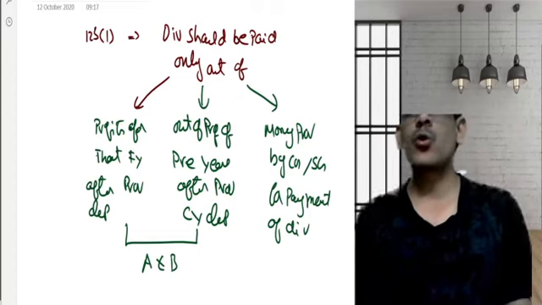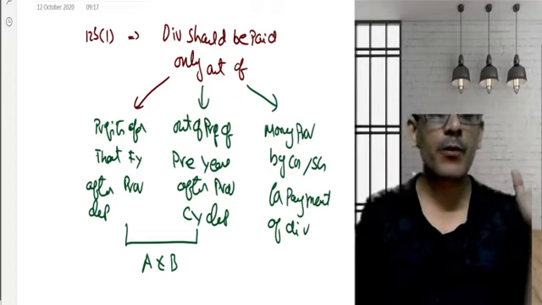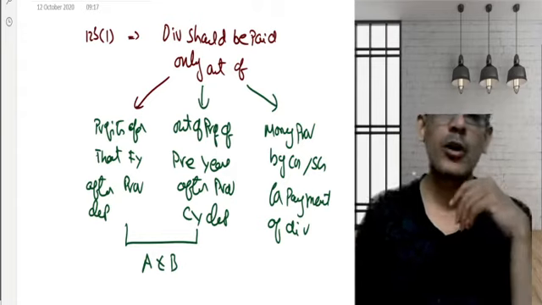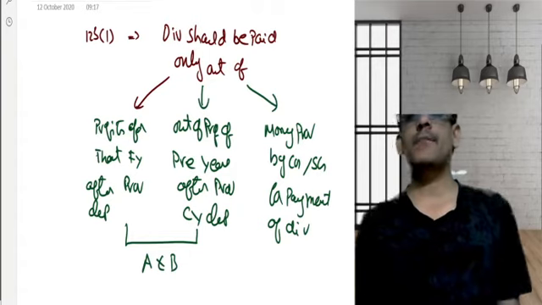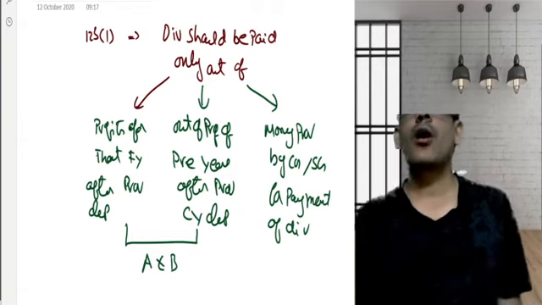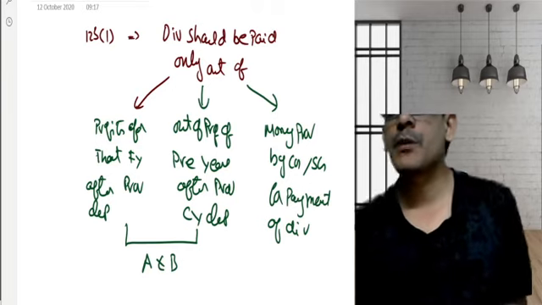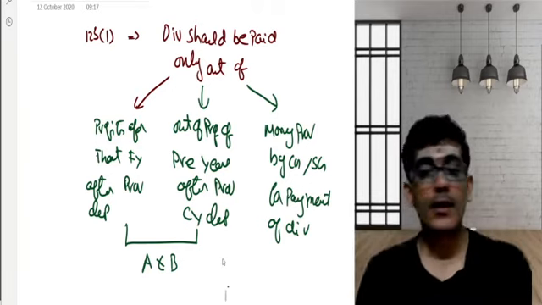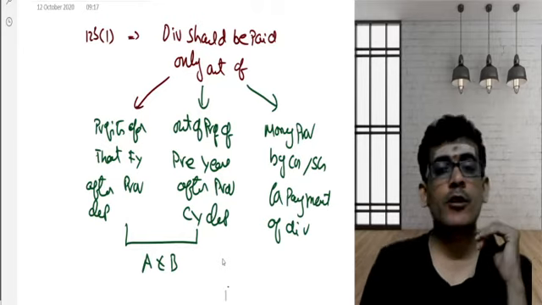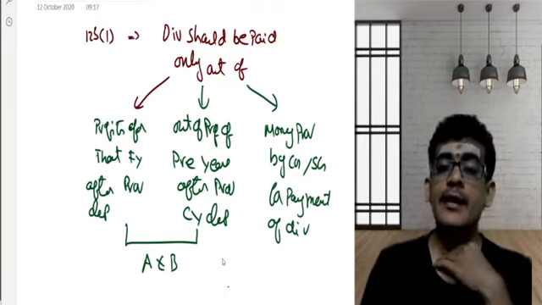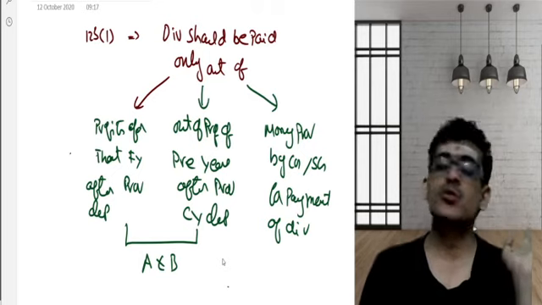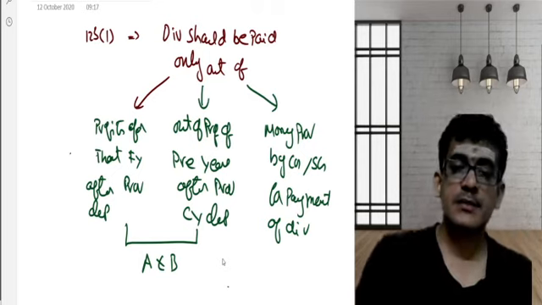If the current year you don't have profit, but last year you had some profit, that last year profit you can consider after taking the current year depreciation. So you don't have current year profits, you have brought forward profits. From that you provide for the current year depreciation, and whatever profit is there can be used. Either A plus B can be used. So these are the three cases.